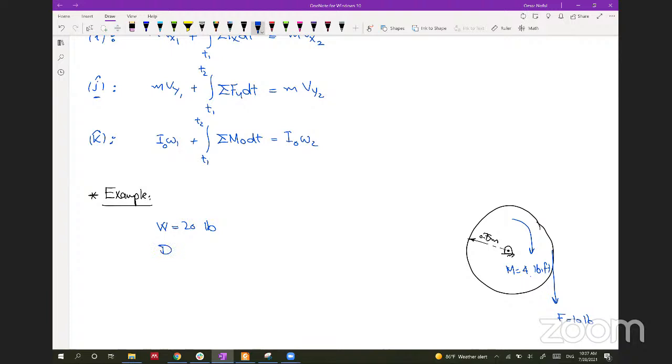You are required to determine the angular velocity two seconds after starting from rest. So this disk starts from rest with these forces, and after 2 seconds, you have to determine the angular velocity. Let's see what we can do.